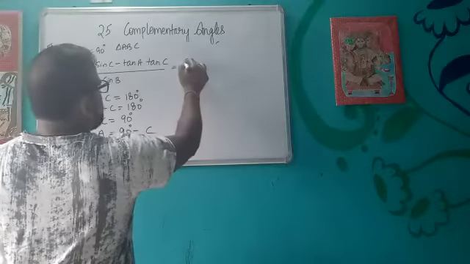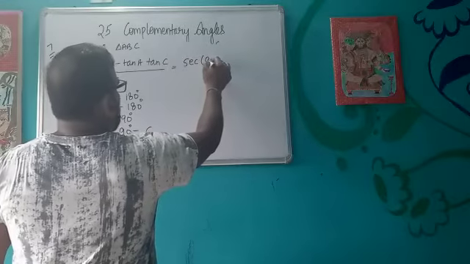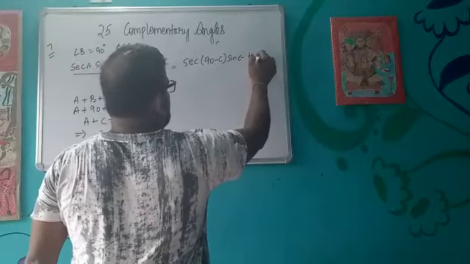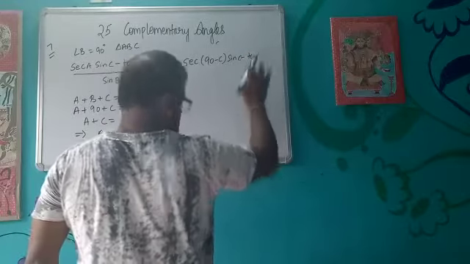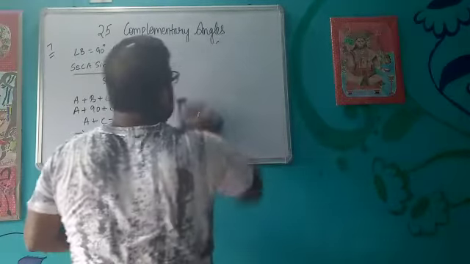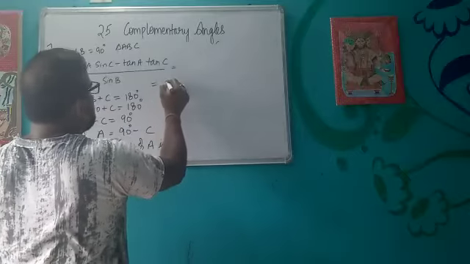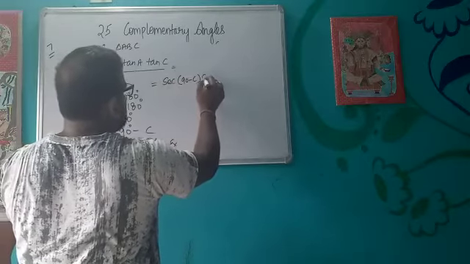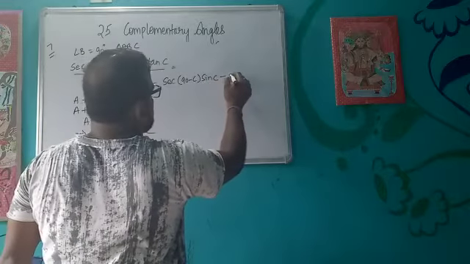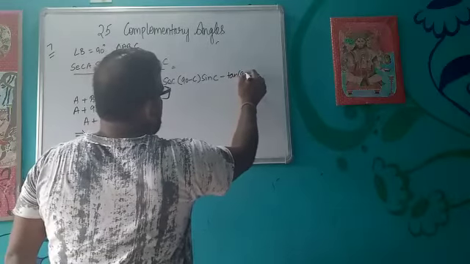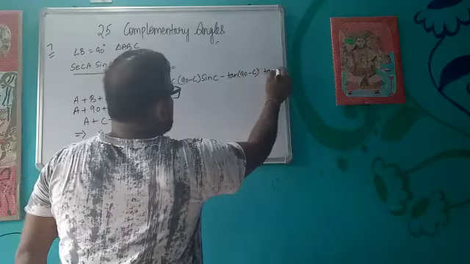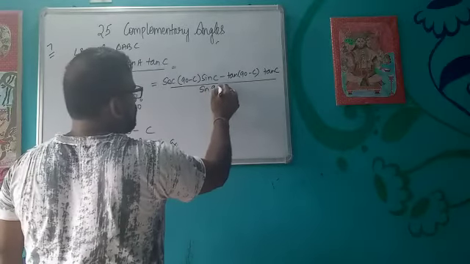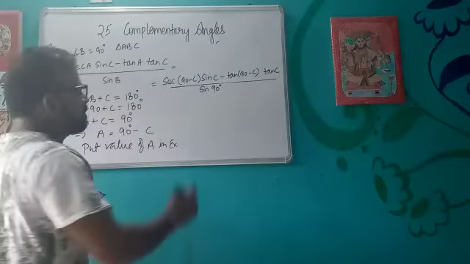So what I will get, sec(90 minus C) into sin C minus tan A. Okay, here I am writing. So it becomes sec(90 minus C) sin C minus tan(90 minus C) tan C, and B is already given as 90, so we will not do anything, we will just write sin 90 degrees.